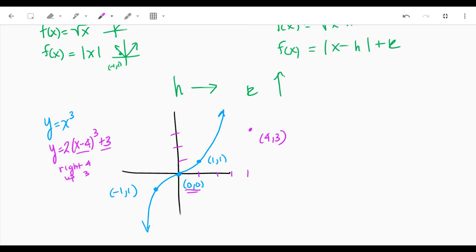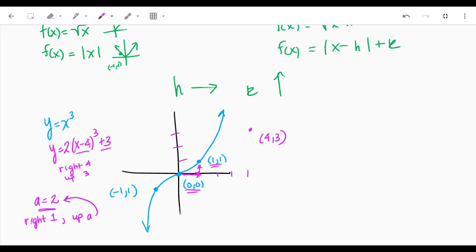Okay, now the next step is that stretch factor A. So that tells you where your point that was at 1, 1 goes. Initially, if you move from that 0, 0, you go right 1 and up 1. Now this tells me your stretch factor. If I go right 1, I go up whatever that A value is, from where that 0, 0 point is.